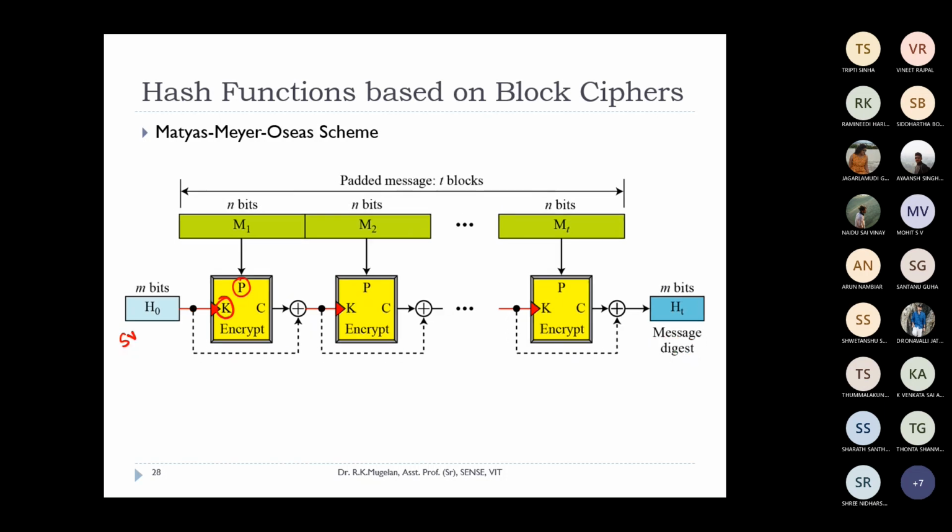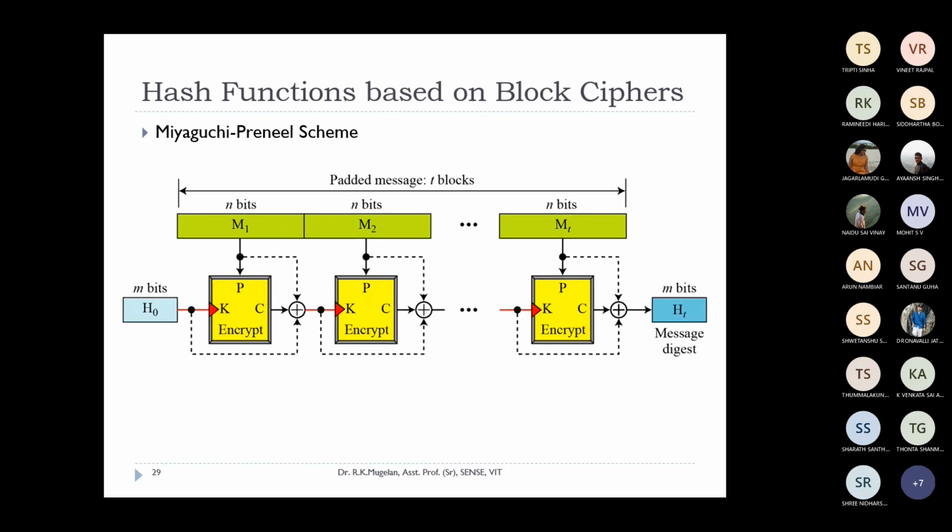You can see here, the other signal flow is the same, and it is repeated for the last block, and the final output will be taken as the digest value. And the most sophisticated one is the Miyaguchi-Preneel scheme. Here, they try to XOR all the inputs with the output.